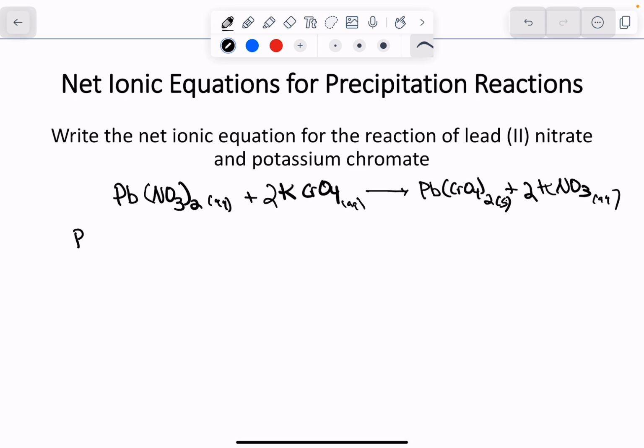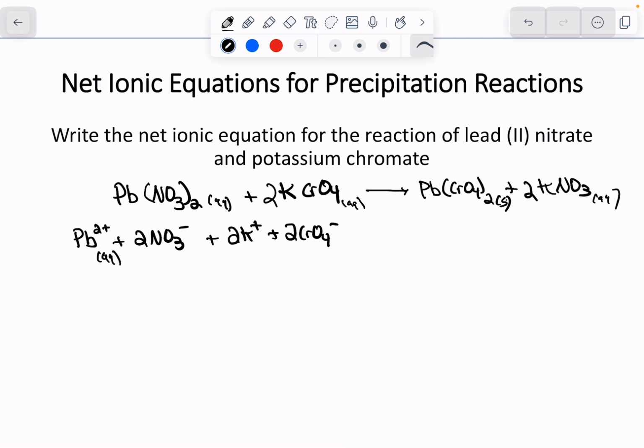And so this is going to be Pb2+, 2NO3-, 2K+, CrO4 2-. So what you do is you just break it into its components. This is aqueous, this is aqueous, this is aqueous, and this is aqueous.